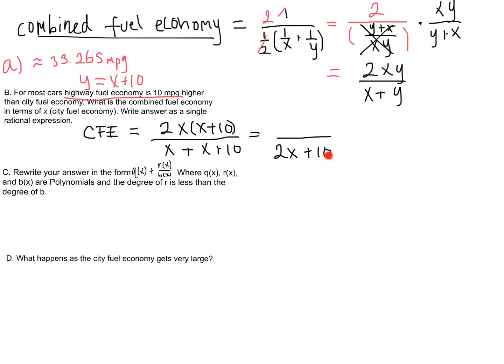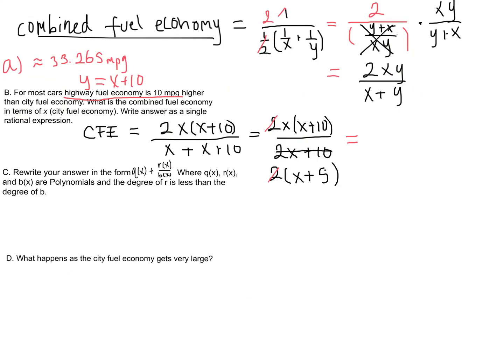So can you factor out a 2 from your denominator? And you can. This is actually the same as 2 times x plus 5. And so now I have this 2x times x plus 10, and the 2's can cancel. 2 over 2 is 1.